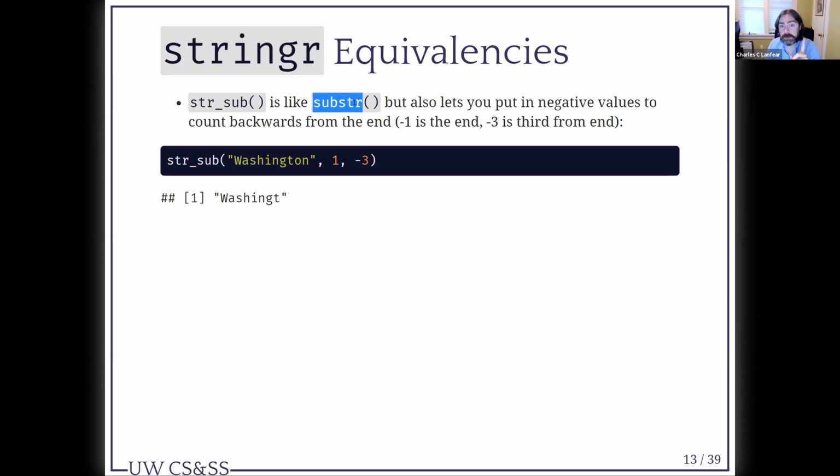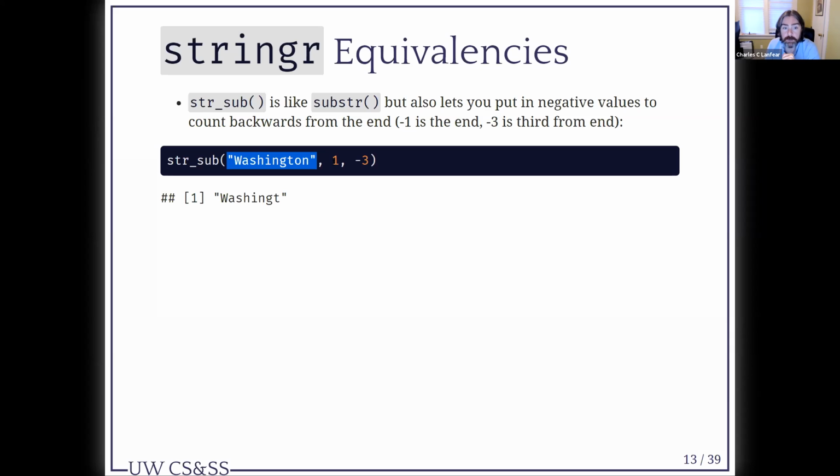The normal substring function doesn't allow negative indexing, but str_sub does. Negative indexing allows you to search not just from the beginning of some text, but counting backward from the end of it. So in this case, let's say I just want to take the word here, the proper noun Washington, and for some reason I really want Washingto.